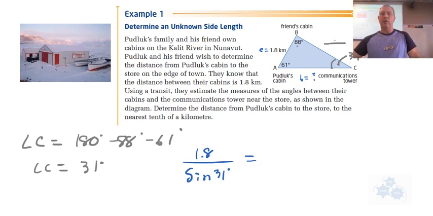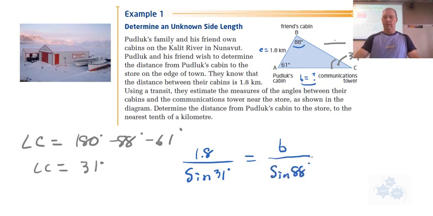Well, I know I have 88 and I want to find B. So let's go B, that's the unknown part, over the sine of 88. So we're using two of the ratios in the sine law, and we have three of the four quantities known, and we can always solve for the missing one. If we have an equation and one unknown, we can always solve for that one unknown.